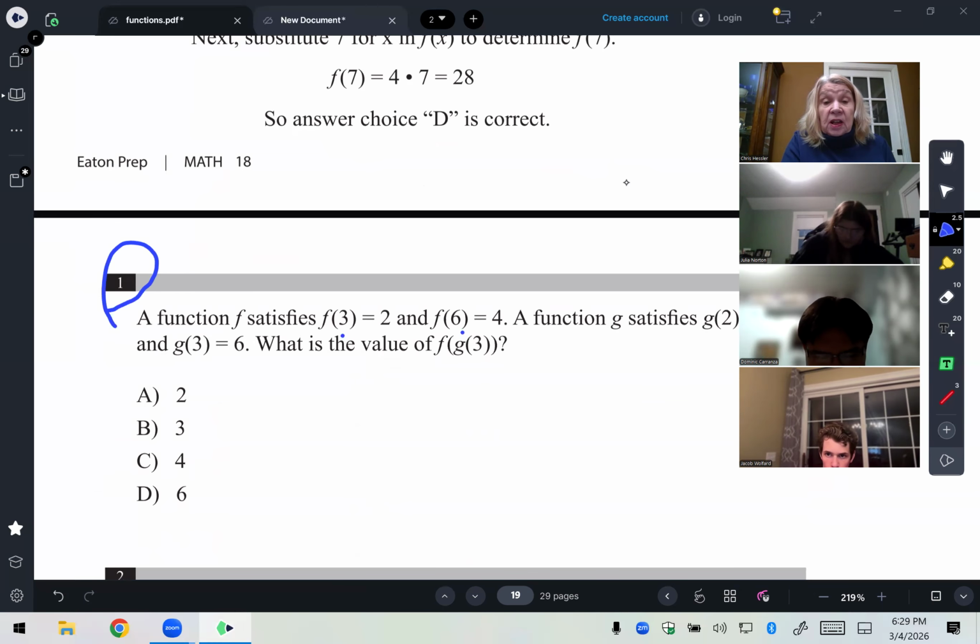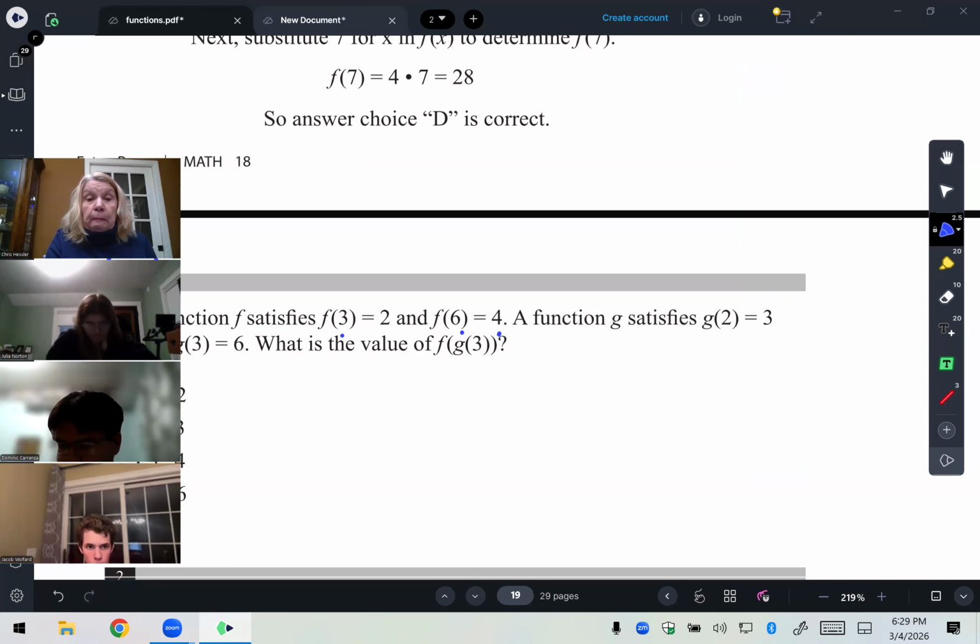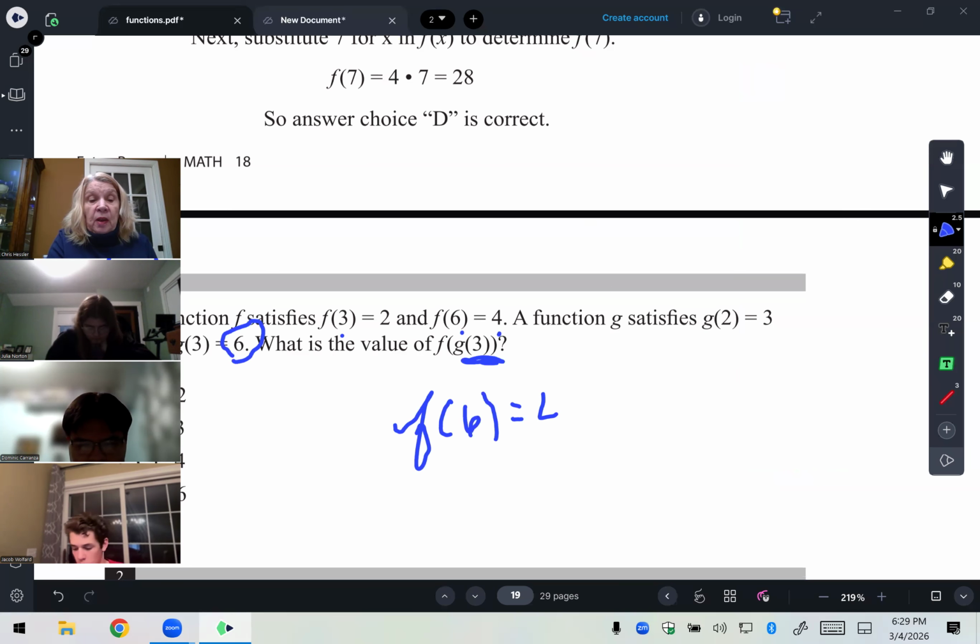When we put in a 6, we should get out a 4. g of 2 is a 3. What is the value? So we want g of 3 first. So that's a 6. And then we want f of 6. And that's a 4. So that's going to be answer choice C.